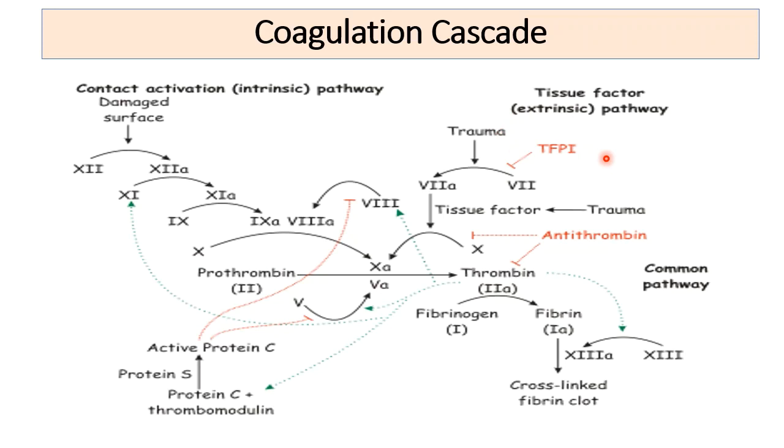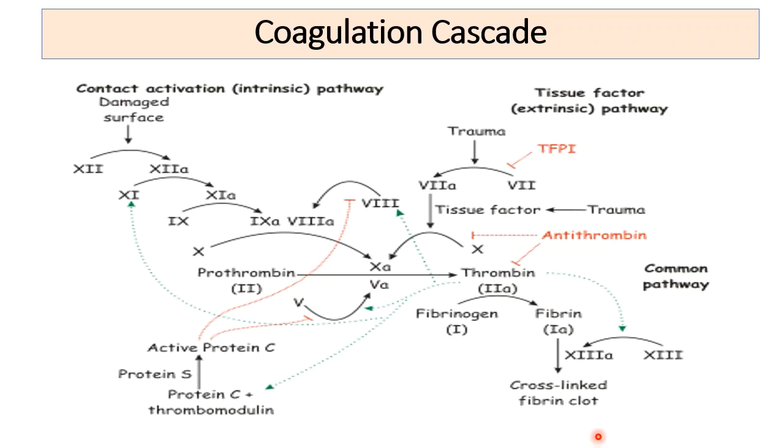The extrinsic pathway essentially is activated by tissue factor and composed of factor 7, and the intrinsic pathway or the contact activation pathway is started off by factor 12, and there is a role of 11, 9 and 8. Both of these culminate in the common pathway, which is factor 10, which converts prothrombin to thrombin, which converts fibrinogen to fibrin, and in the presence of factor 13, a cross-linked fibrin clot is formed.